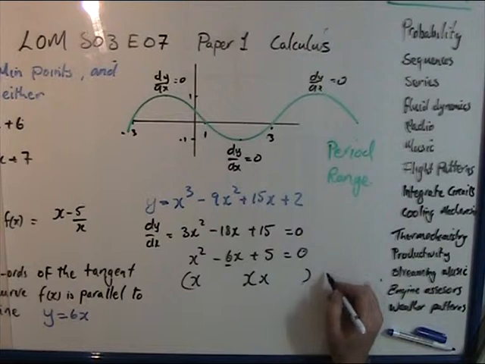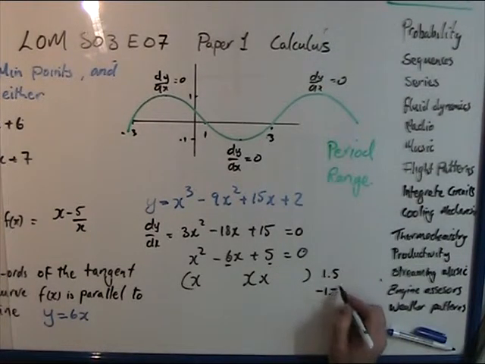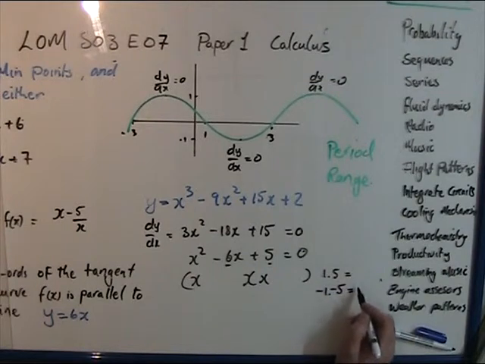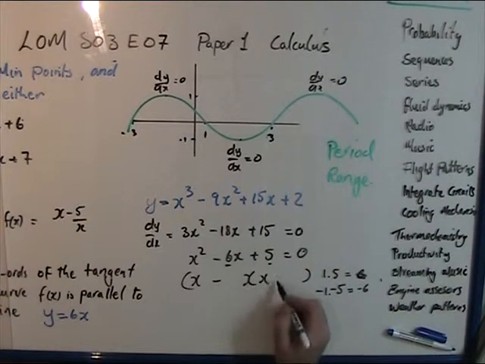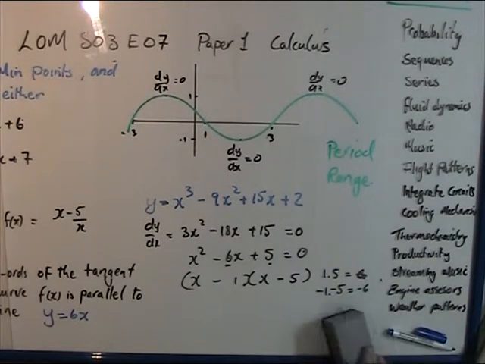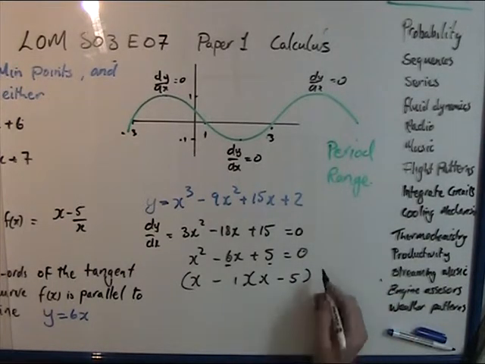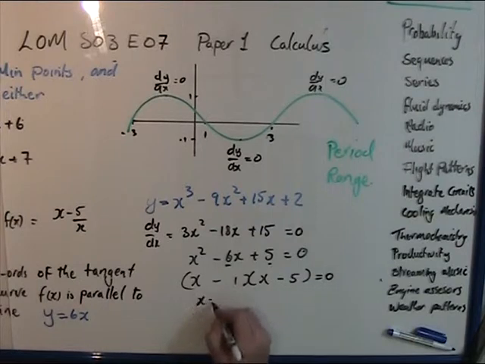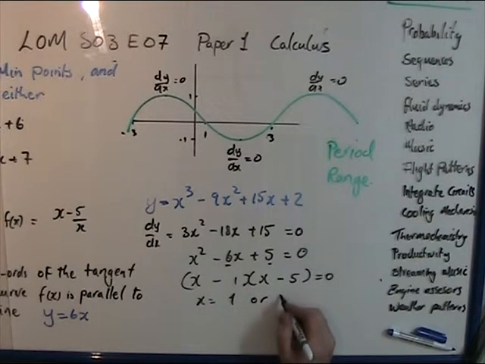The factors are 1 by 5, or minus 1 by minus 5. Which of them add to give me minus 6? This gives me 6, this gives me minus 6. So it's x minus 1 by x minus 5. They're the factors, and the solutions are x is equal to 1 or 5.